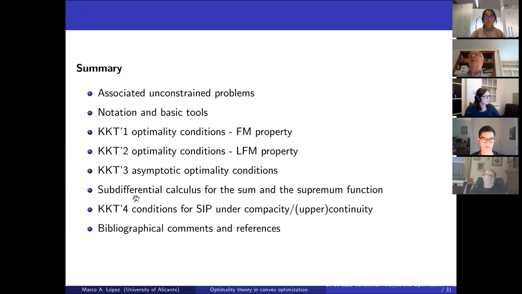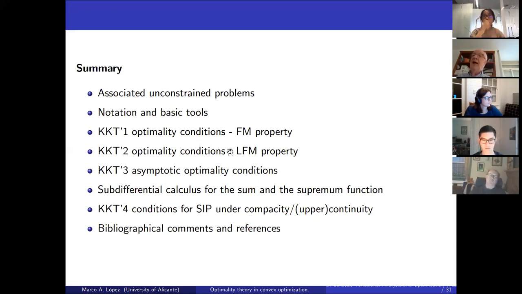After that, there will be some refreshment, remembering some properties which are used in our approach. And finally, I will talk about the last set of optimality conditions under compactness and upper continuity. Compactness, not of the whole set of indices, but some part of it, and upper continuity.